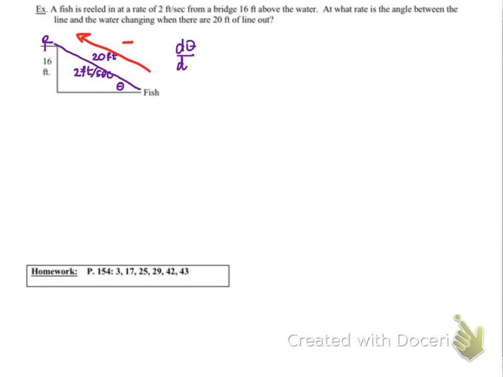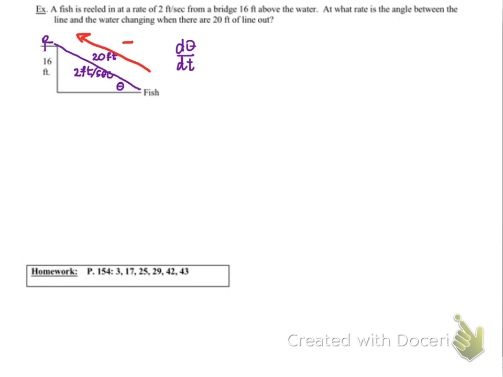The line and the water when there are 20 feet of line out. At what rate is the angle between the line and the water changing? There we go. Sorry about that.